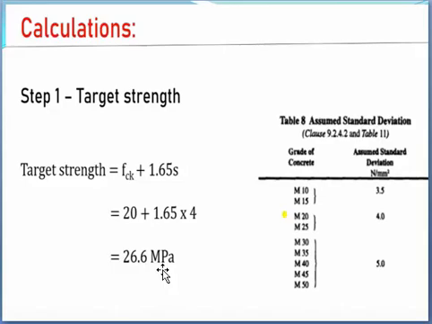If we are going for the design of M20, our target strength will be 26.6 Newton per mm square. So standard deviation we will use from this Table 8, and we will calculate our target strength. So students, this was the first step, the calculation of the target strength.